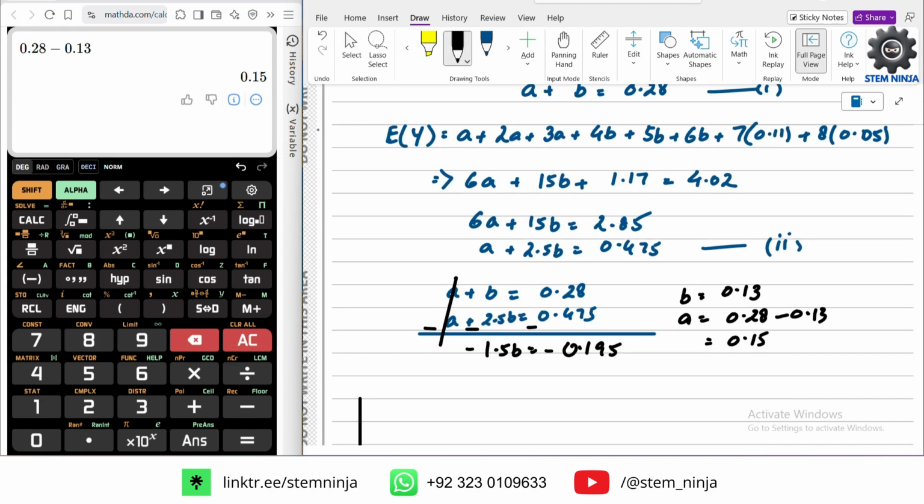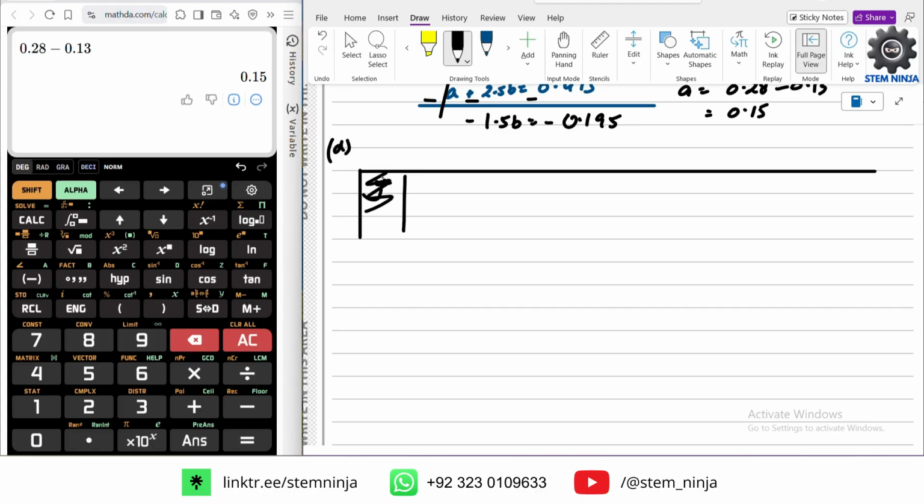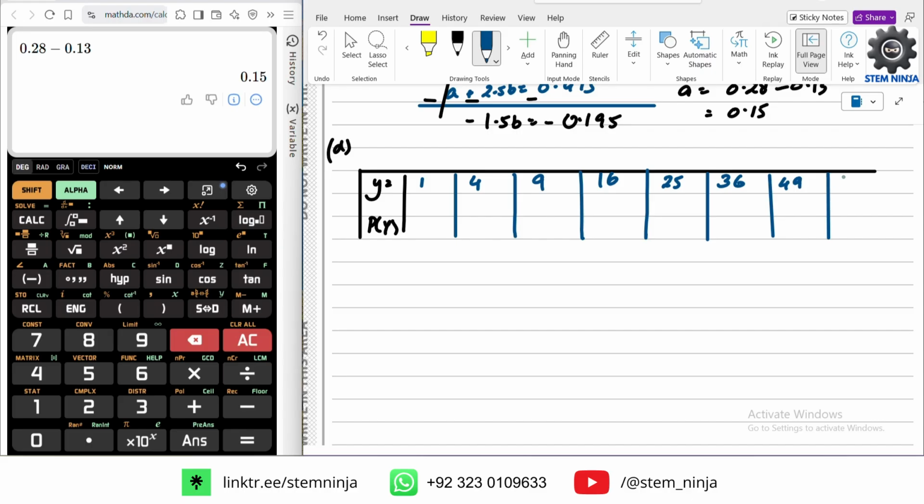This was part C. So now we need the Y squared and the probability of Y. So you have 1, 2 would be 2 squared, 9, 16, 25, 36, 49, 64.